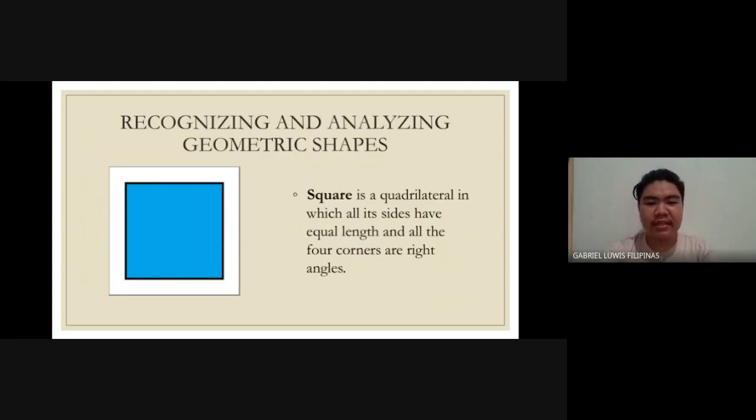So in recognizing and analyzing geometric shapes, these are the examples. The square is a quadrilateral in which all its sides have equal length and all the four corners are right angled. So the 4 lines of the square are symmetry and all angles are equal to 90 degrees.